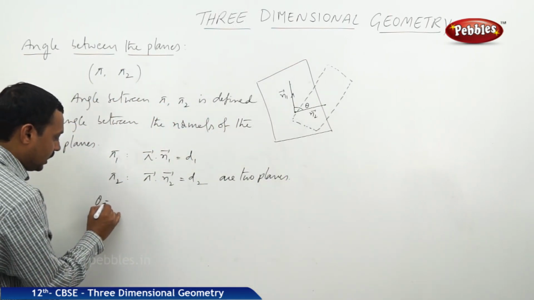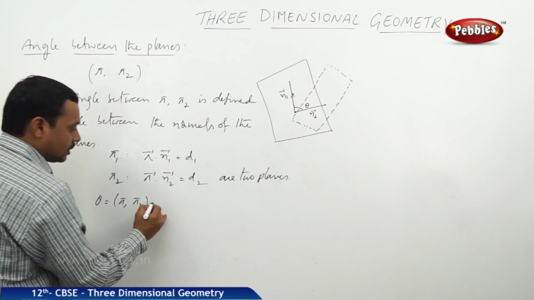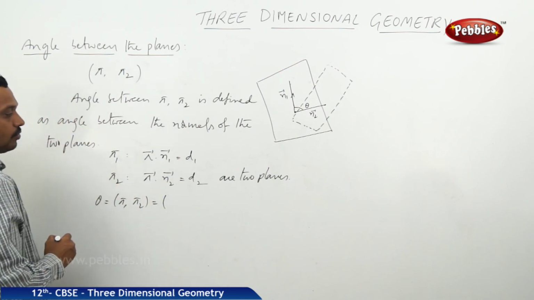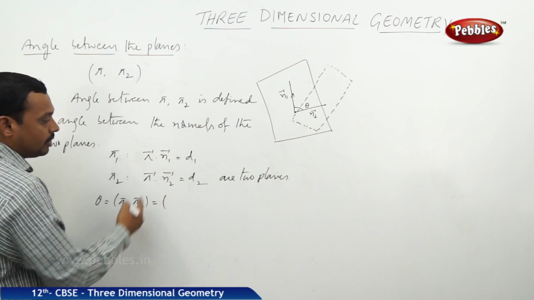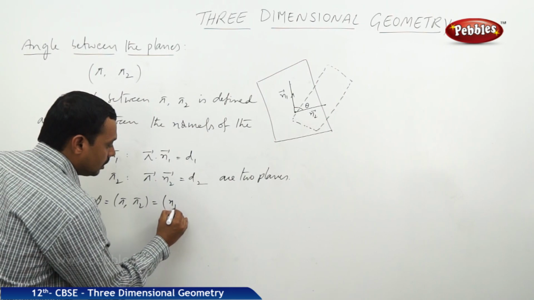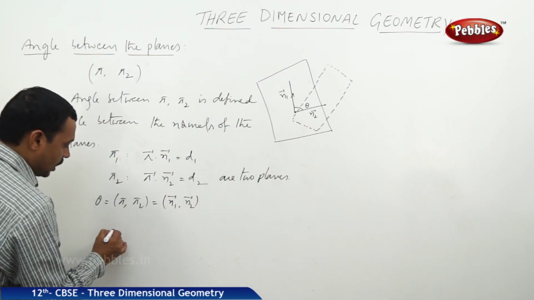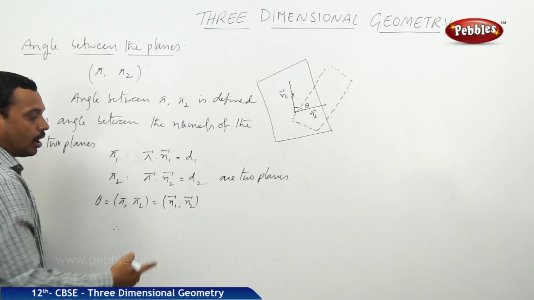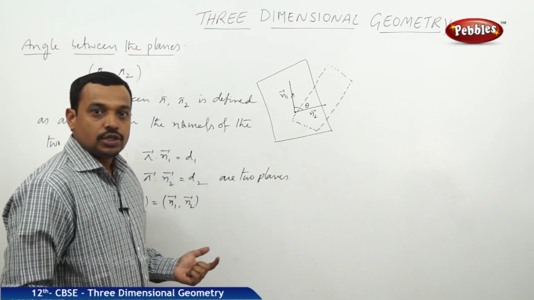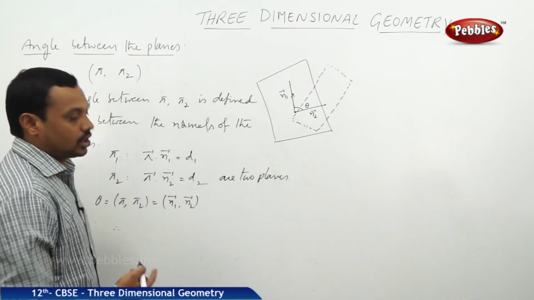And if theta is the angle between the two planes pi 1 and pi 2, then this is also equal to the angle between the two normals. Here the normals of the two planes are n1 and n2. Therefore n1 and n2 are two vectors, so you know how to find the angle between two vectors using the dot product.